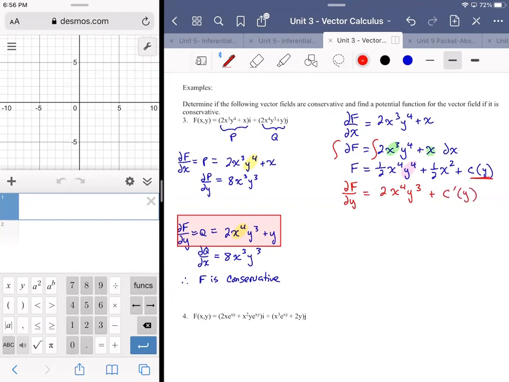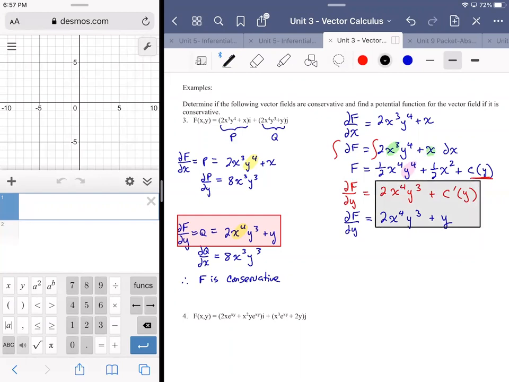Since I know that partial f with respect to y as given was 2x to the fourth y to the third plus y, I now have a relation between these two expressions that would allow me to solve for, well, I want c of y, but I'll settle for c prime of y.